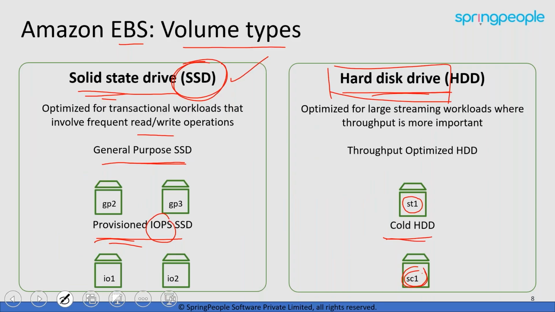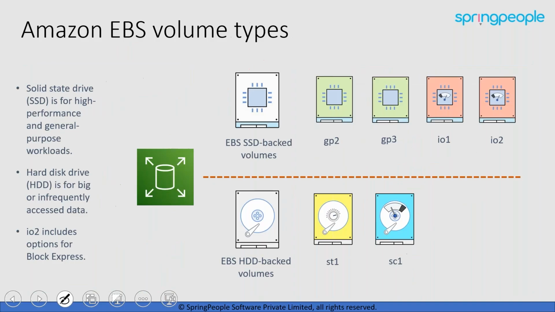They have moving parts inside, in contrast to SSDs, which just use integrated circuitry, so they are very fast. But these are a very good option for throughput optimized. You want good bandwidth, to transfer a huge amount of data per second. If you need huge throughput, then go for throughput optimized HDD. These are the two categories.